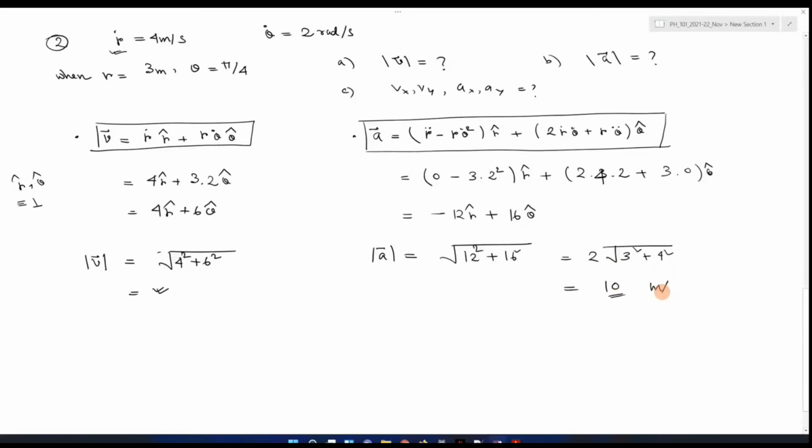You find what will be the value. And always write the units. In exam also, don't forget to write the units. 4 will come out as common. So it will be 20.